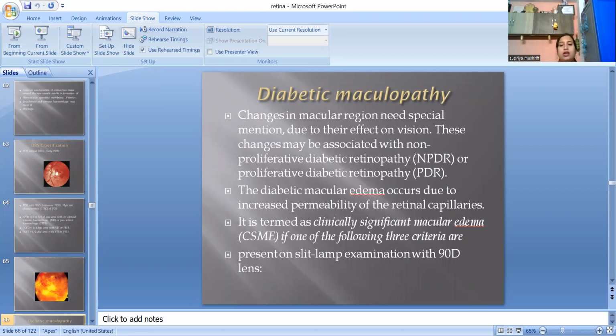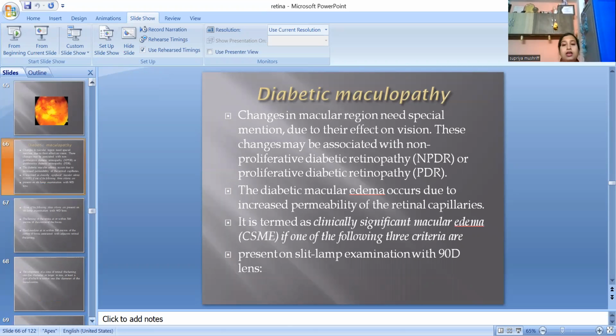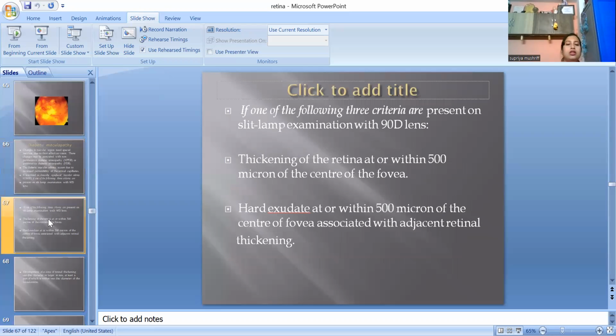If one of the following three criteria is present on slit lamp examination with 90D lens, we say clinically significant macular edema. It is different from cystoid macular edema. So what are the three conditions for clinically significant macular edema?